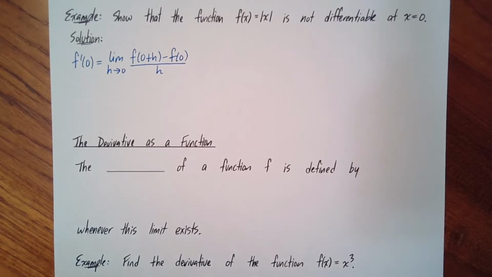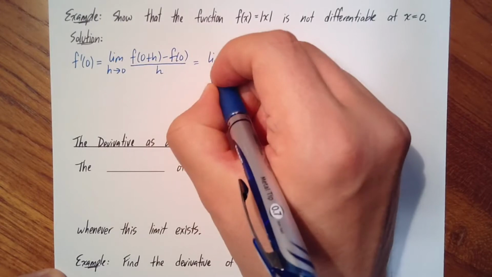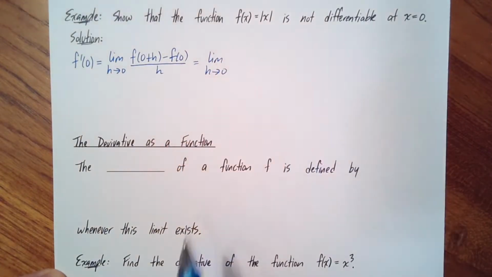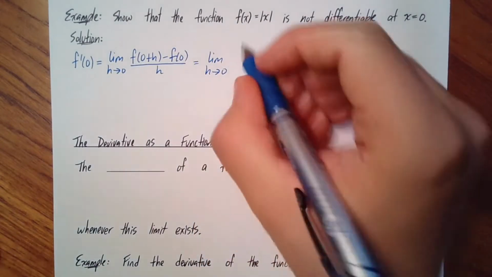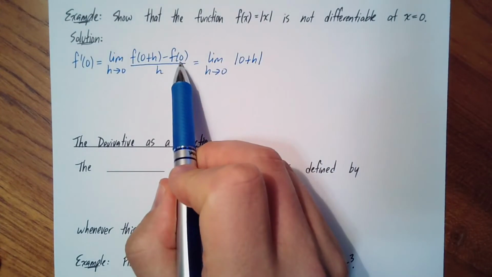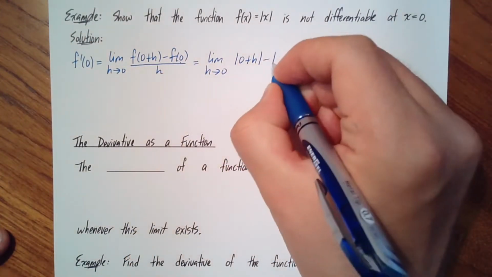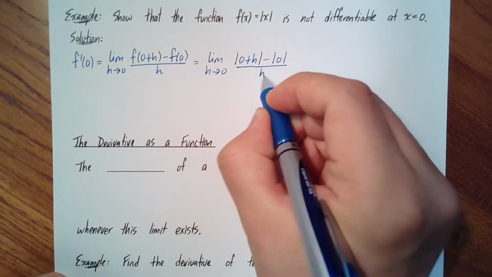Okay, well, what's f of 0 plus h? Well, f is this function up here. So if you plug 0 plus h in here, you're going to get the absolute value of 0 plus h. And if you plug in 0, f of 0 is going to be the absolute value of 0. And all of this is going to be divided by h.